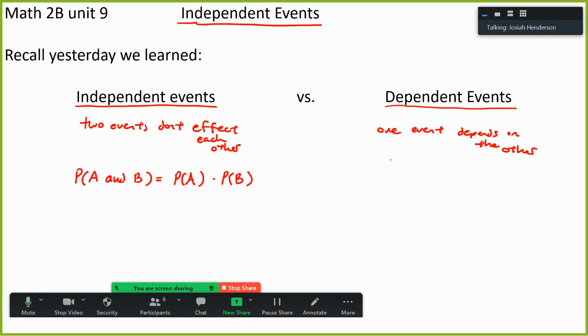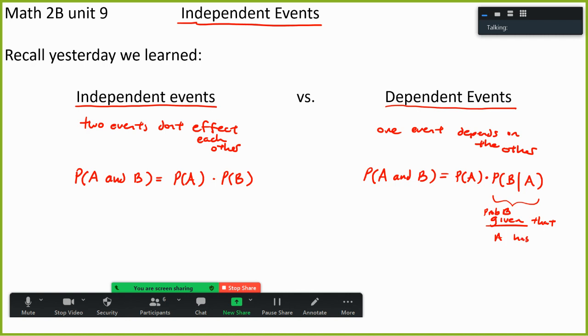And if they're dependent, meaning one depends on the other, then the probability of A and B is equal to the probability of the first event times the probability of B given that A has already occurred. So just a little review from yesterday.